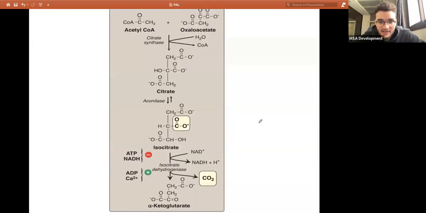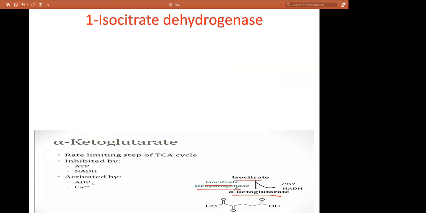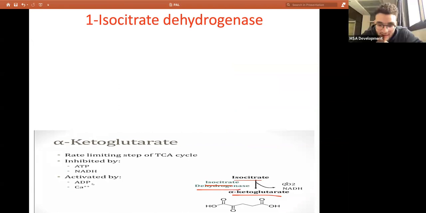In this case, it's isocitrate forming alpha ketoglutarate, and we said that it forms NADH. So what is the enzyme going to be called? Isocitrate, which is the substrate, and dehydrogenase, because it forms NADH. At the same time, it releases CO2, so it's a decarboxylation. But you have to know it's isocitrate dehydrogenase. It's the enzyme for the rate limiting step.